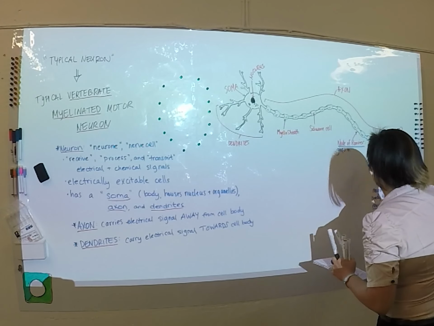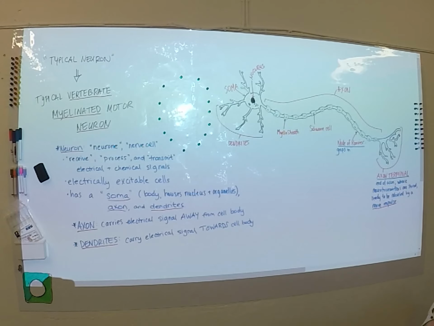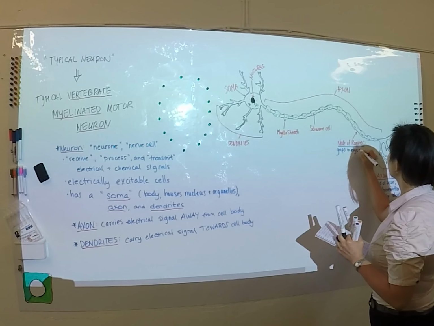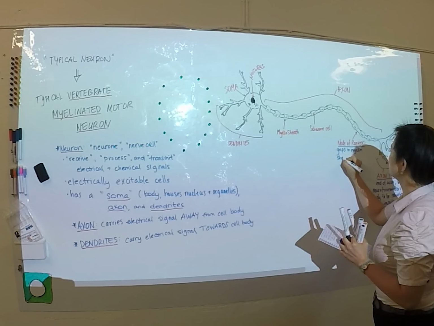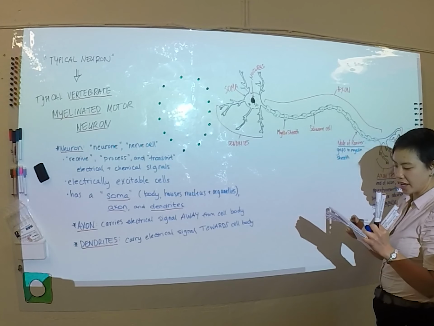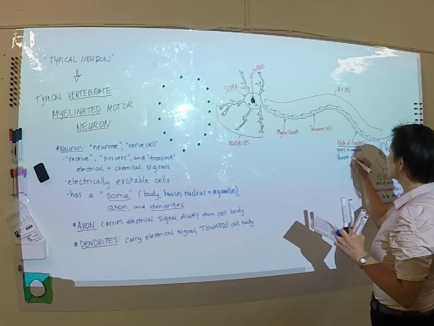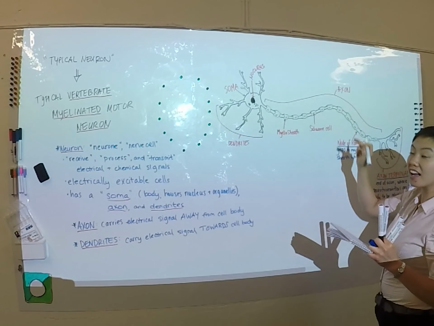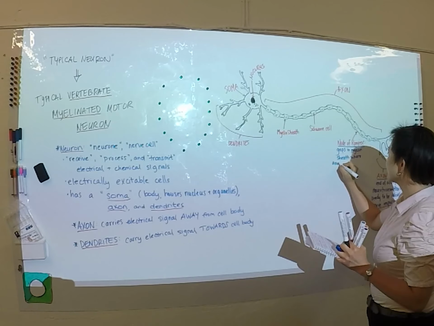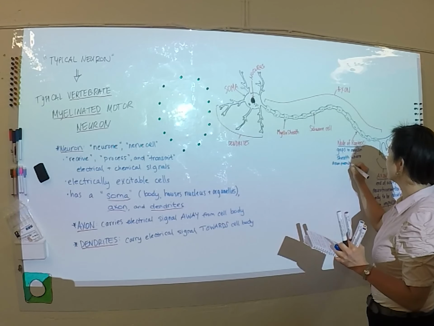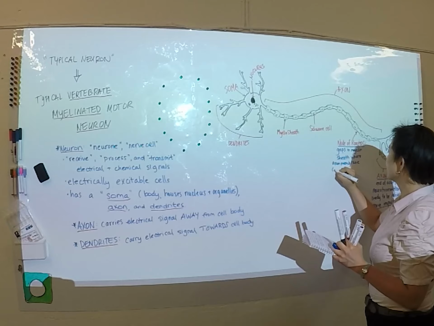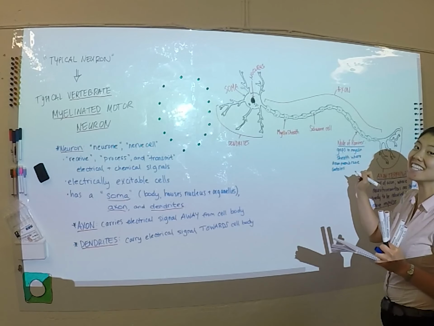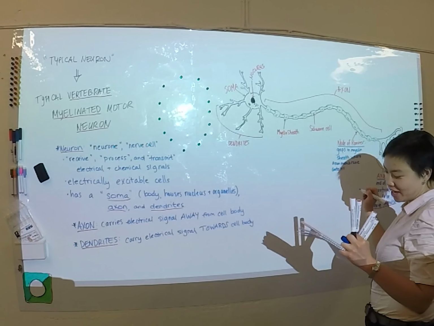And this is where the axon membrane, okay, so this black line, where the axon membrane contains many ion channels, okay?